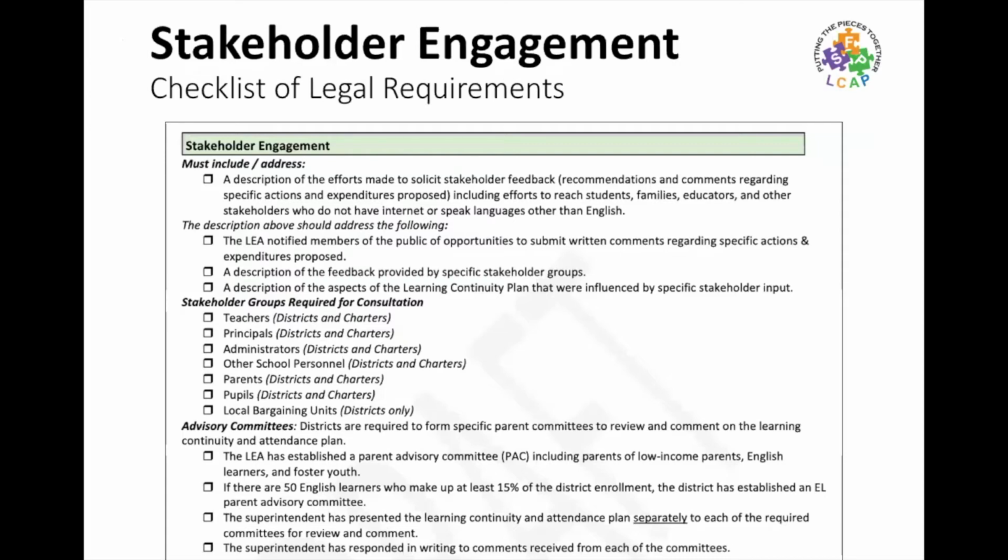You will also see the specific requirements of the advisory committees, the PAC and the LPAC. And also for school districts, the requirement is superintendents presenting the learning continuity plan at separate advisory committee meetings for review and comment. And also note the inclusion of the superintendent responding in writing to any comments from the PAC and LPAC.